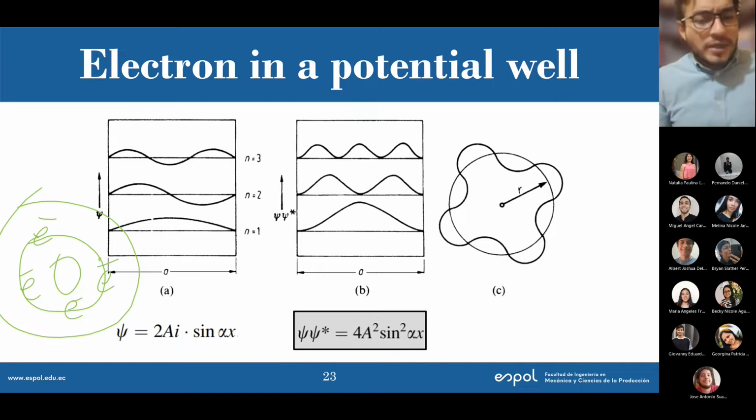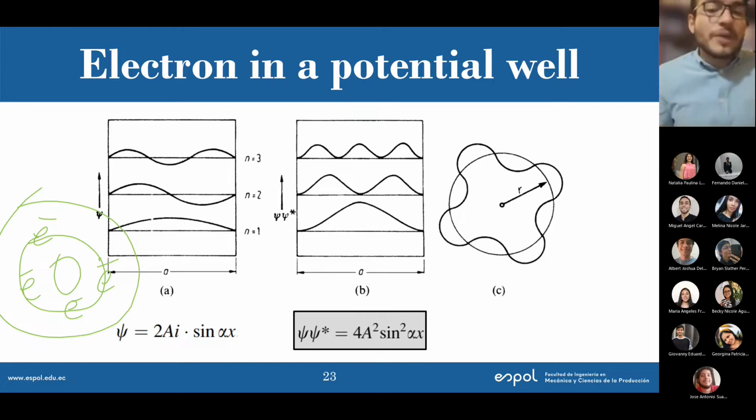But they said, wait, I actually see that there are energy levels, and I don't have the same probability all along the nucleus. Because I think that's what they thought: that I had the same probability of finding an electron as long as I'm around the nucleus and at the same radius, the same distance from the nucleus.